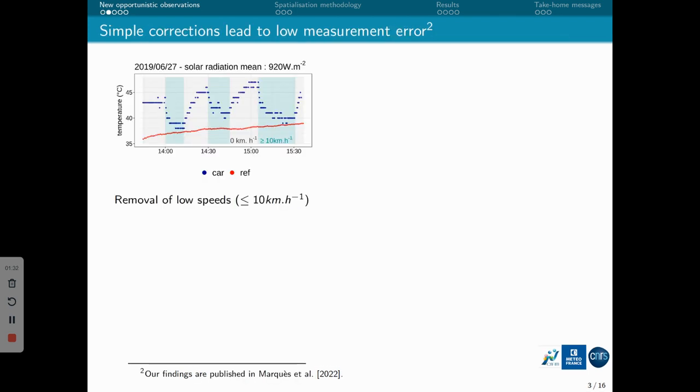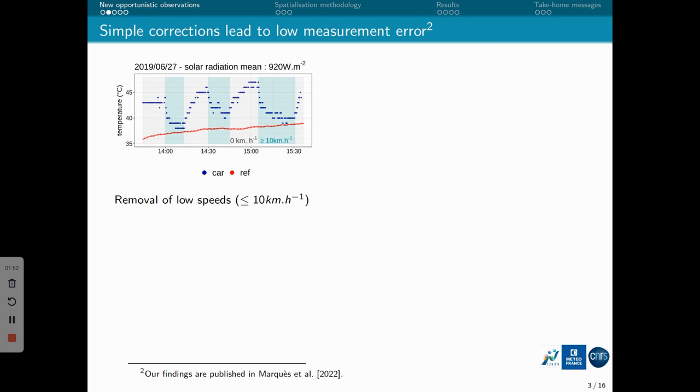So first, she made a small experiment with one meteorological station in red, and she studied the air temperature when the car is stopped, in the white bins, and when the car is moving.